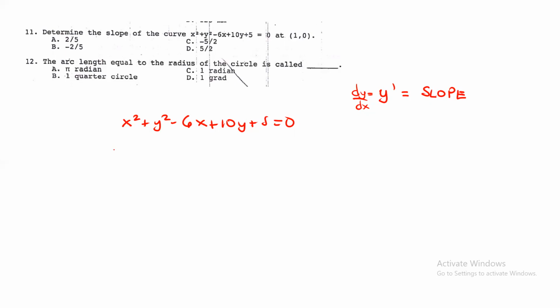Derivative ng x squared is 2x plus derivative ng y squared, 2y, then saka tayo maglalagay ng y prime. Minus ito naman, derivative ng negative 6x, minus 6. Plus dito, derivative ng 10y, 10 times y prime, plus ito namang 5 is 0, equals to 0.